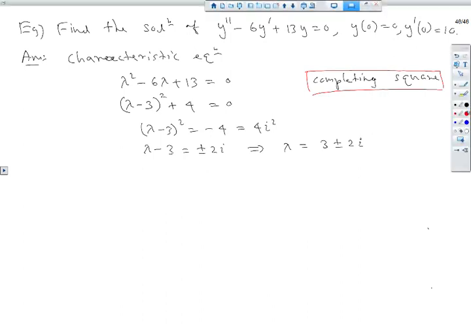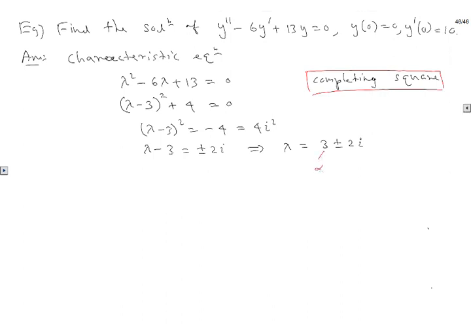Now we have the 2, that's the alpha, and this 2 is the beta. So we have alpha and beta, and we can write the solution now.